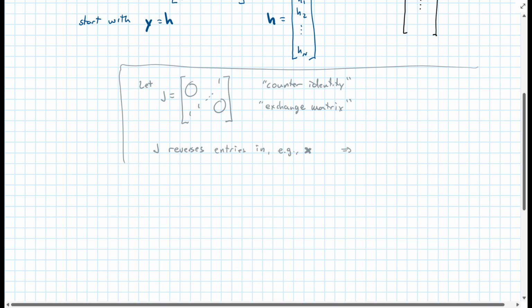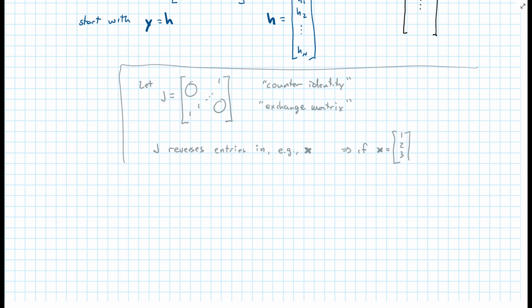So if x is equal to 1, 2, 3, then j times x is equal to 3, 2, 1. Well, because of that, j times j is just going to be the identity matrix.